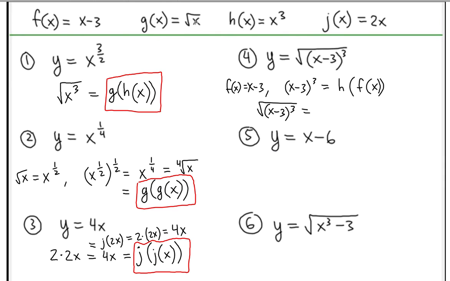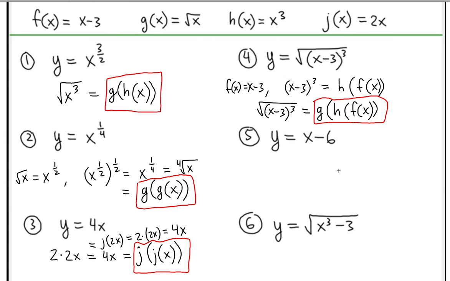Because the square root happens when you input the entire composite function, h as a function of f as a function of x, into the input of the g. You're square rooting the x minus 3 cubed. So naturally, you're going to take g as a function of h as a function of f. All right, so this is a very large composite function so far, but if you take it step by step, you see it's not that hard.